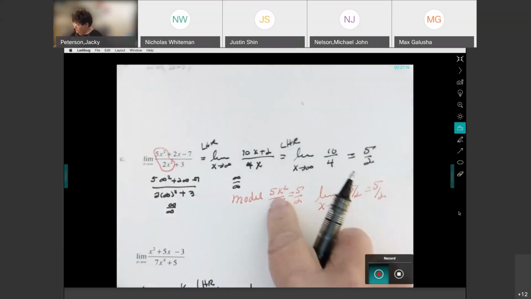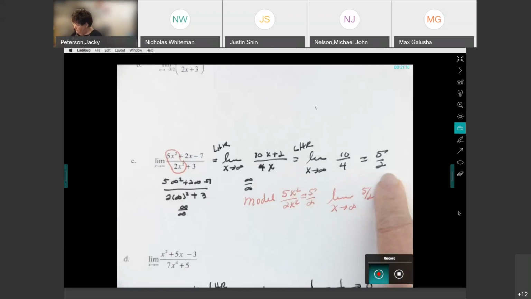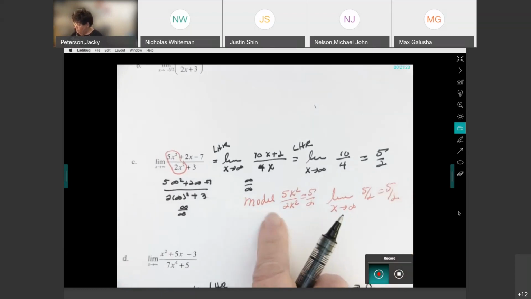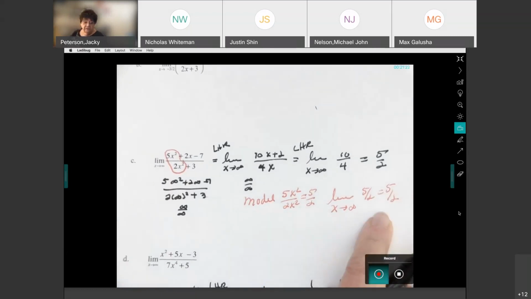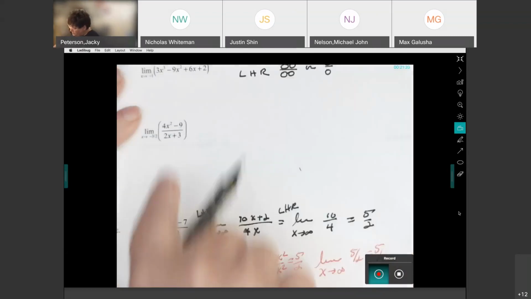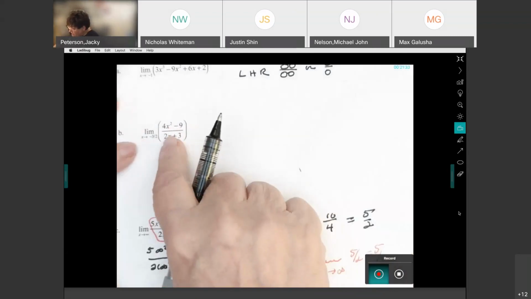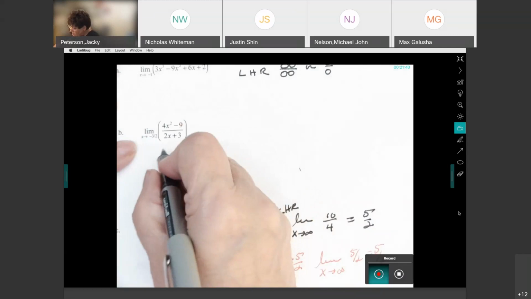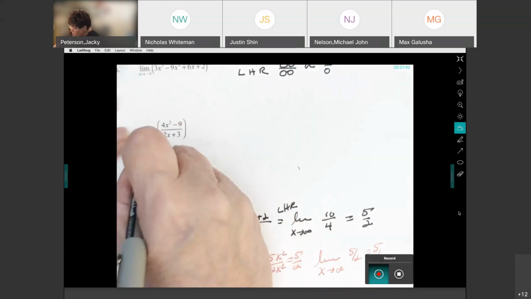Well, here I did it using L'Hopital's rule. I got 5 halves. Here I used the model, that's algebra. I would get 5 halves, the same as here. So negative 3 halves gives me a 0 over 0 form.